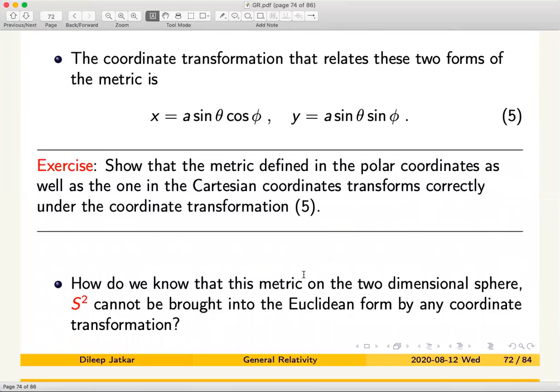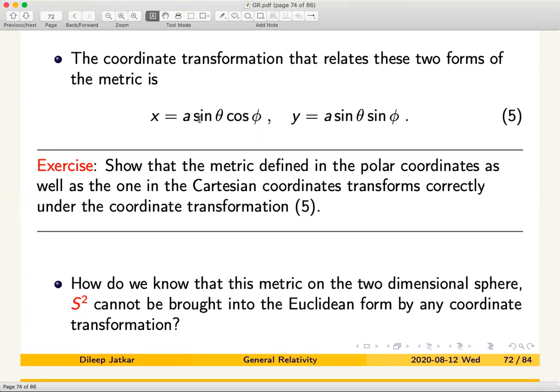So I claim that this is an example of Riemannian geometry, and I also claim that Riemannian geometry is different from Euclidean geometry. Nevertheless, I said that you can write it down in terms of Cartesian coordinates, which describes the Euclidean geometry. So the question is, how do we know that this metric on a two-dimensional sphere cannot be brought into a Euclidean form by any coordinate transformation?